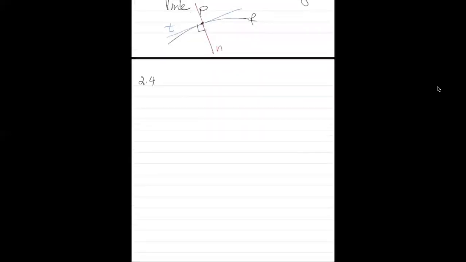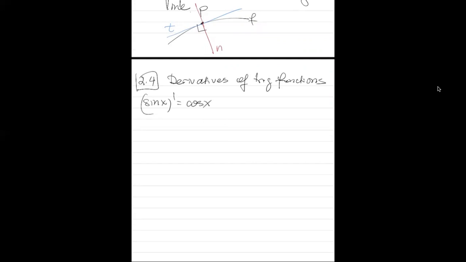2.4, more formulas. Derivatives of trig functions. So derivative of sine is cosine. Derivative of the cosine is negative sine. Derivative of the tangent is secant squared.